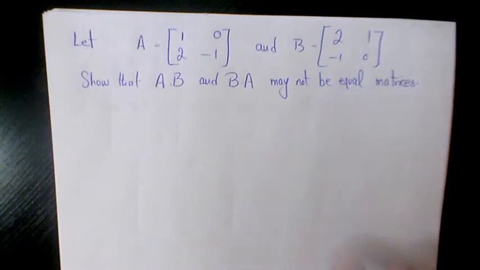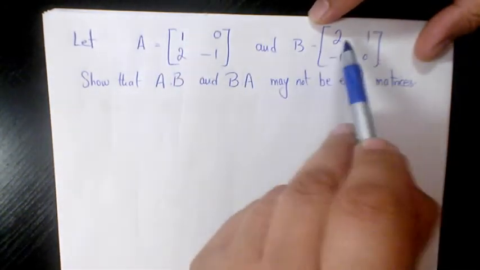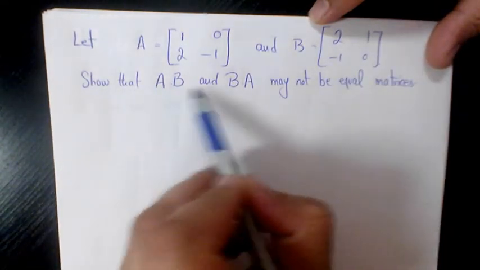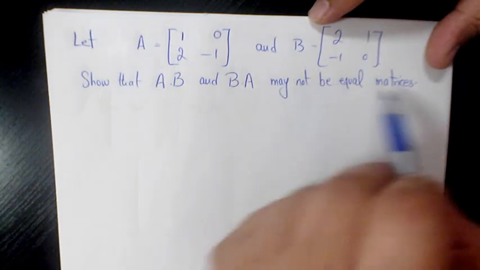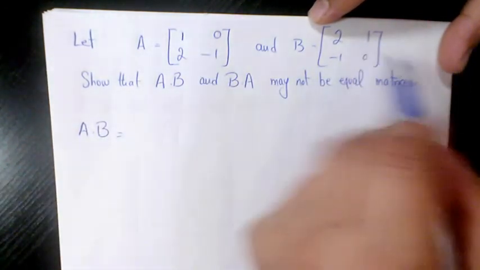Now in this example, let A be 1, 0, 2, negative 1, and B is 2, 1, negative 1, and 0. Show that A times B and B times A may not be equal matrices. So this is 2 by 2, here is 2 by 2.